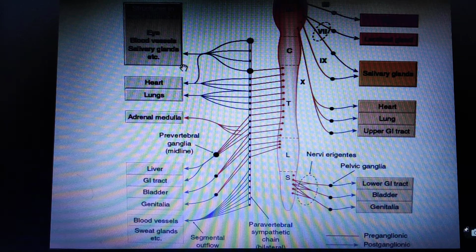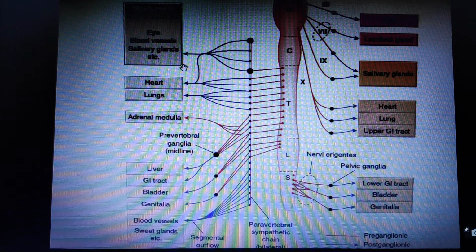The preganglionic fibers go to the ganglion, and from the ganglion, the postganglionic fibers originate and distribute to the various organs of the body. In the sympathetic component, the structures supplied by the sympathetic system are the eye, blood vessels, salivary gland, heart, lungs, adrenal medulla, liver, GI tract, bladder, genitalia, etc.